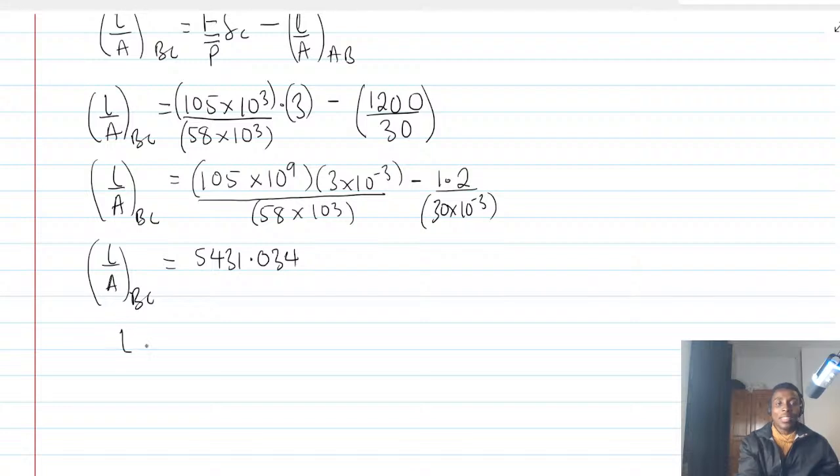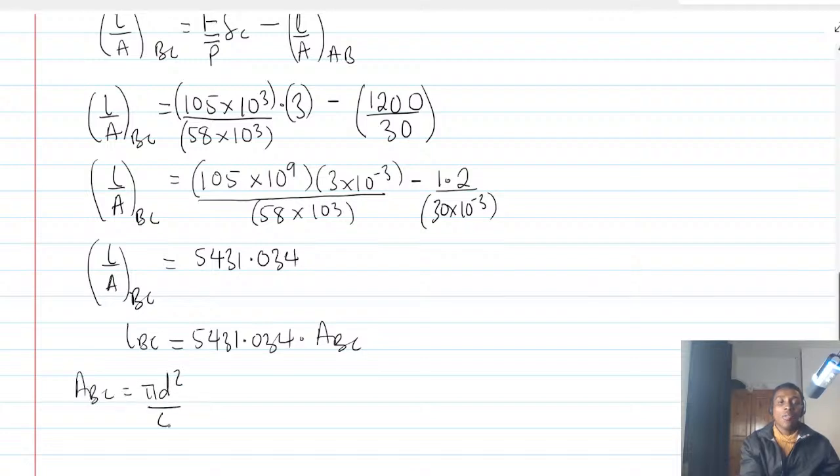So now we can say that the length BC is what? 5431.034 multiplied by what? The area of BC, right? But what is the area of BC? The area of BC is going to be pi d squared over 4.